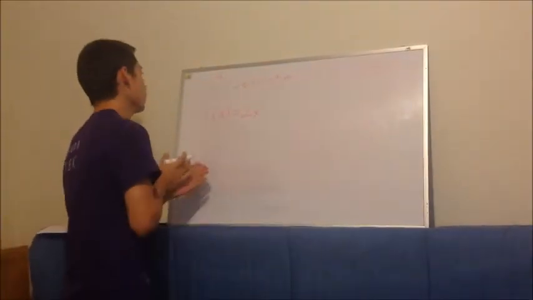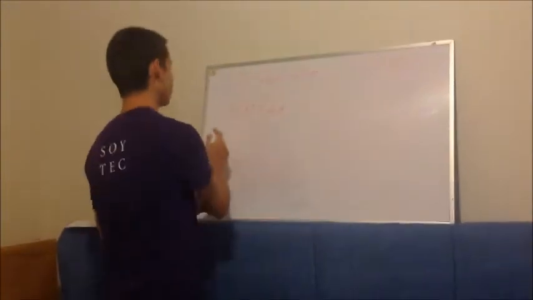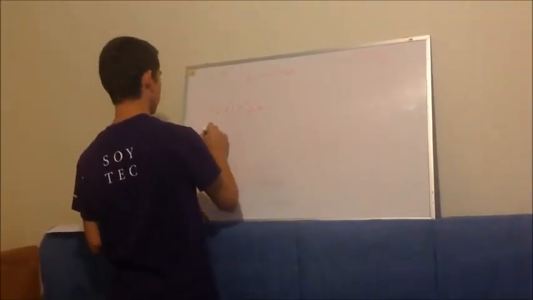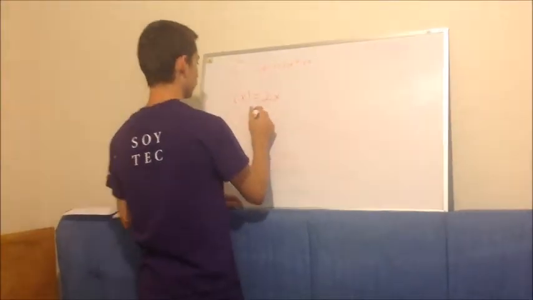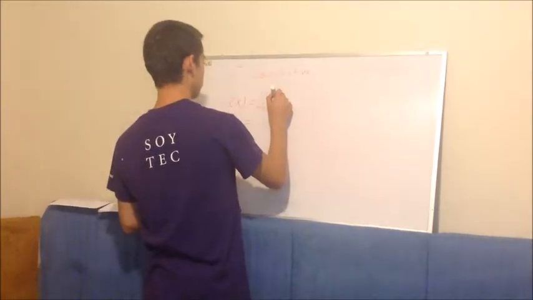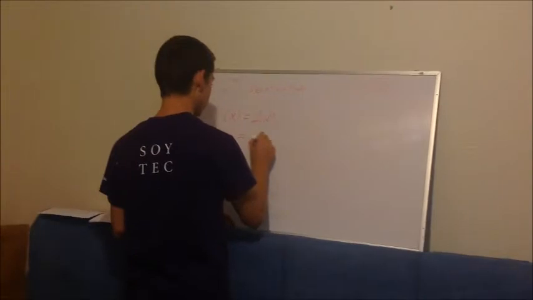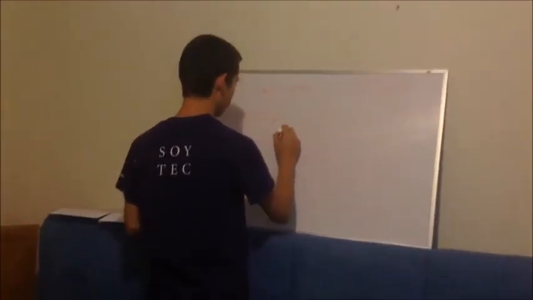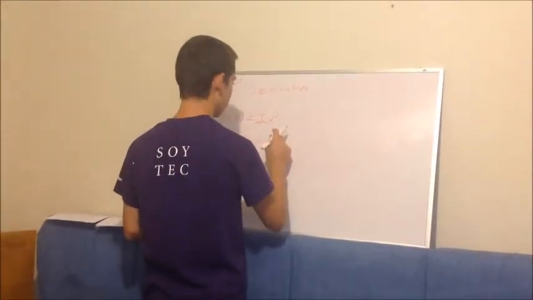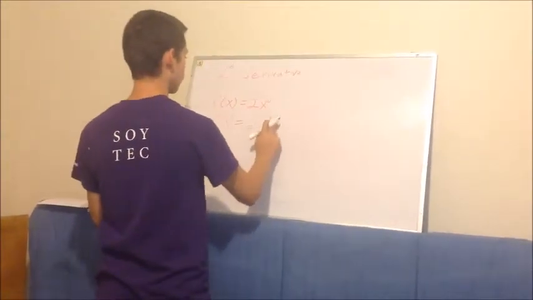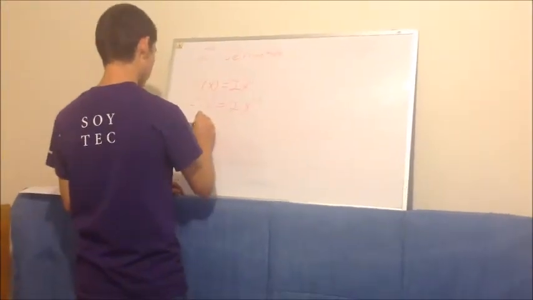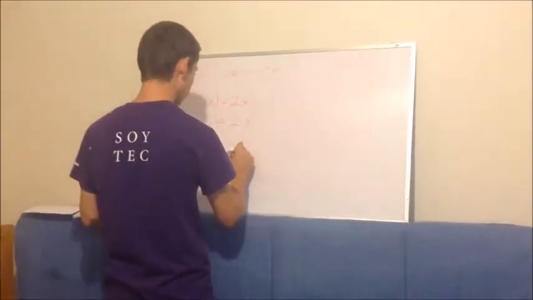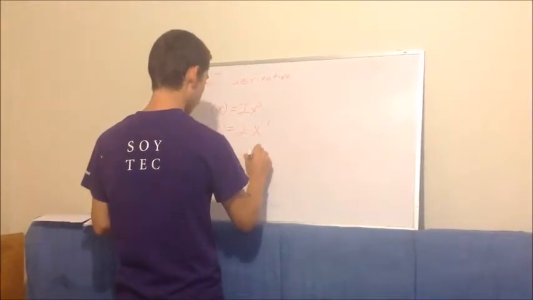To obtain the second derivative, you need the derivative of the first derivative. The derivative of 2x is the coefficient multiplied by the exponent, times x to the 1 minus 1, which is equal to 2x to the 0.